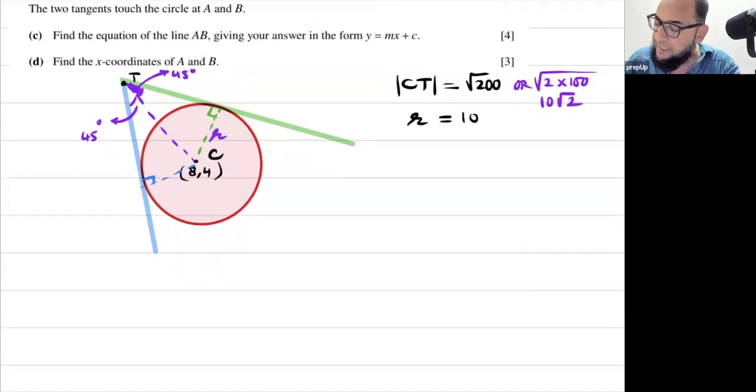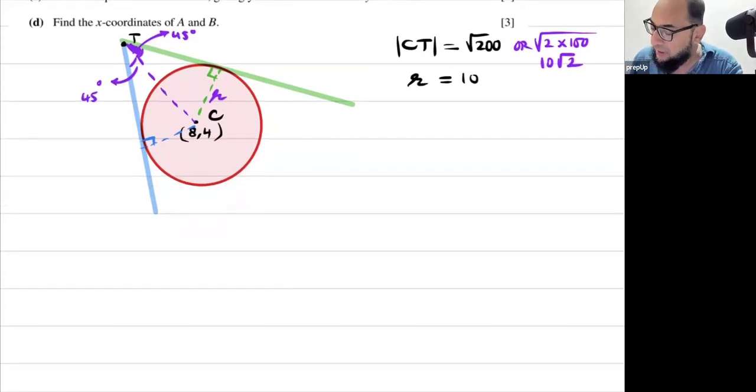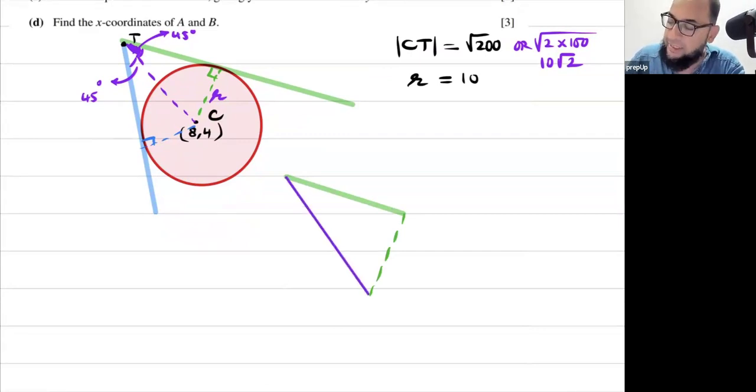So now this is the radius. CT is given. Let me take this thing out so that I can illustrate it thoroughly. This is the green dotted line, which is the radius, and this is the purple line going like this. Okay, so now I can illustrate this.